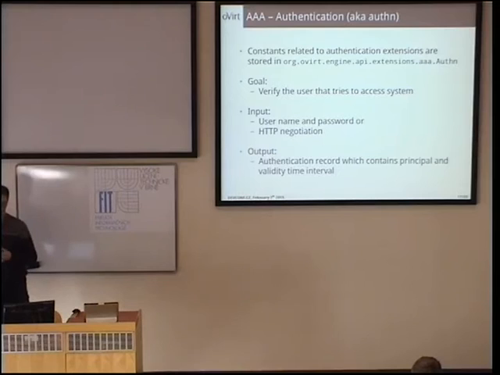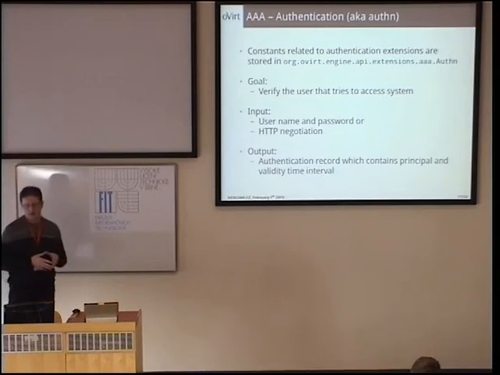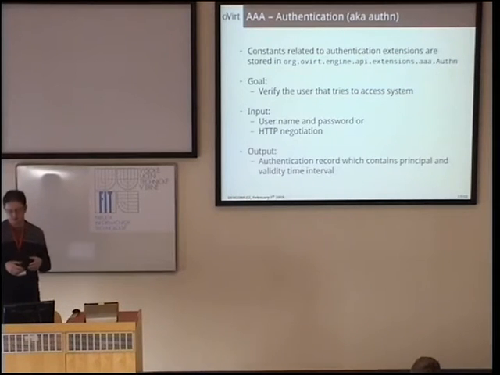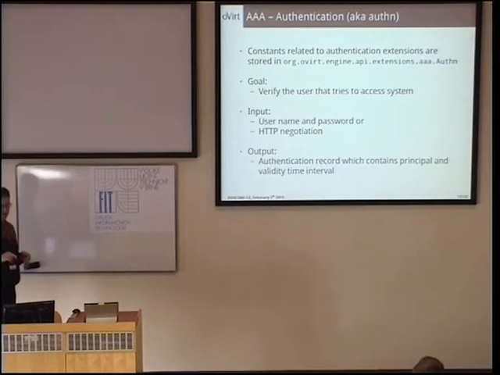Okay, so then if we move on, let's say a sort of more introduction into AAA. We already defined that authentication is used to verify who the user is. For authentication, we are using the shortcut authn in our code, and also the constants needed for this authentication are based on the oVirt engine API extension AA authn.